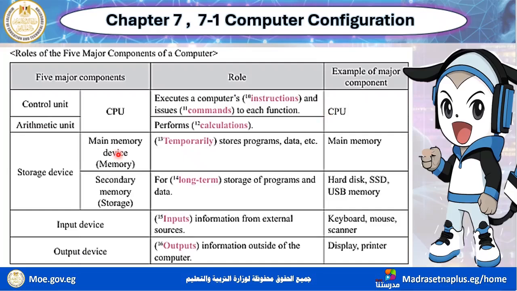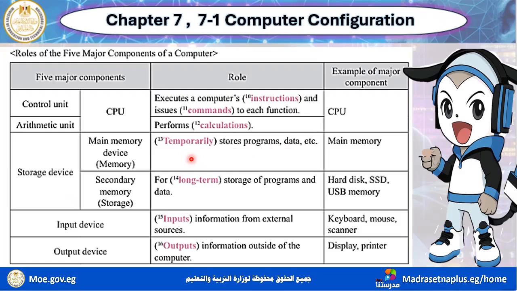Well, what about the storage device? Storage device is used to store things inside. You save things through it. We have the main memory device, which temporarily stores programs and data.